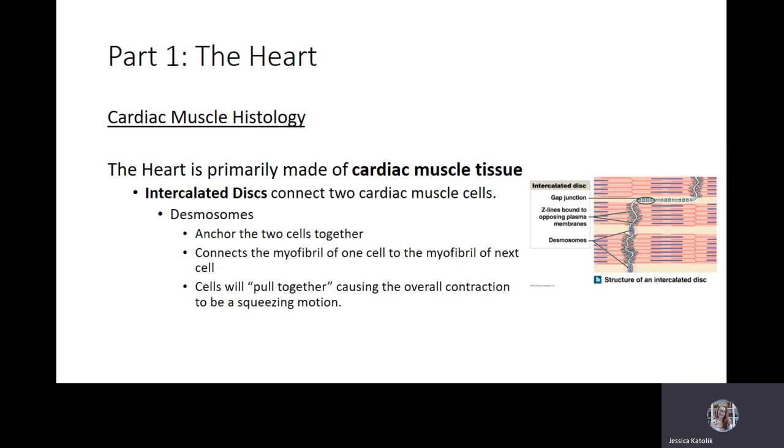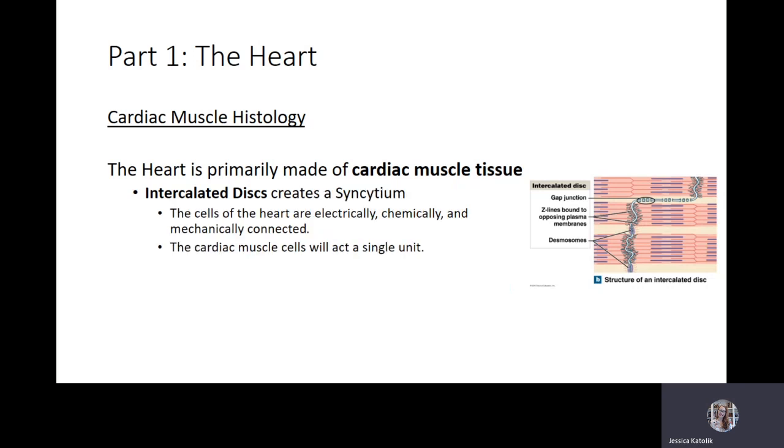And so it will kind of unite the contractile units together. This will allow the heart to contract as a unit. And because all of the sarcomeres will form a circle or a figure-8 shape, it will create a squeezing motion or a twisting motion to allow for the heart to pump blood. So that is really cool.